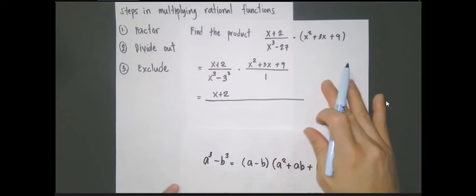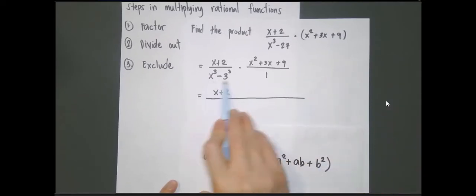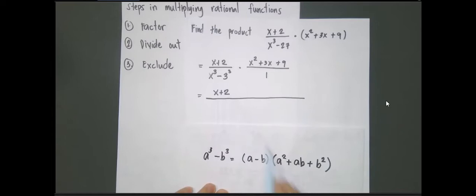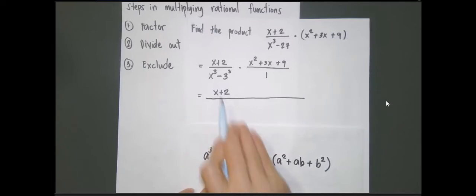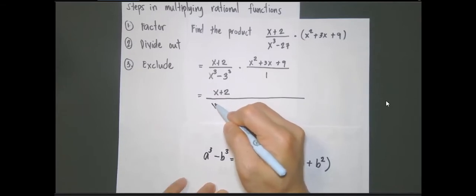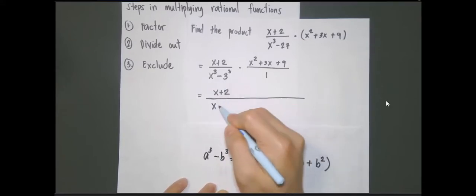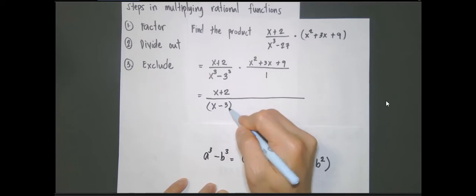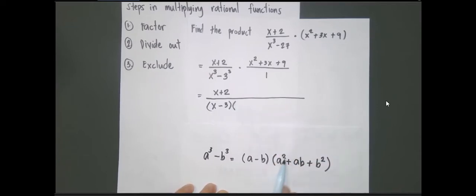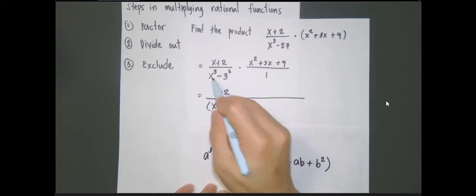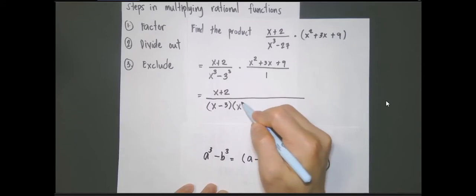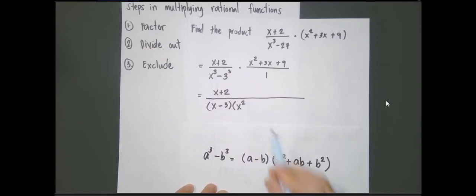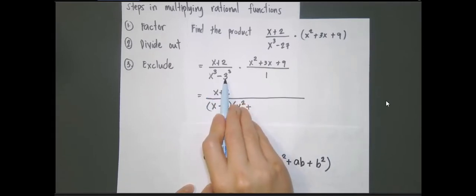For the denominator, the difference of two cubic numbers, we plug in our a and b. Our a is x, so a minus b gives x minus 3. Multiply that by a squared, so x squared, plus the product of a and b, which is 3x.